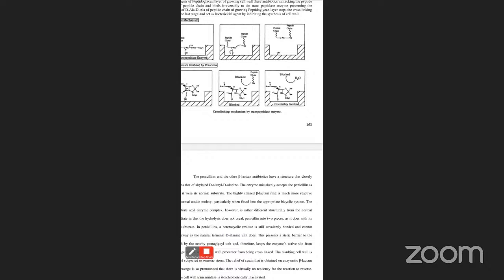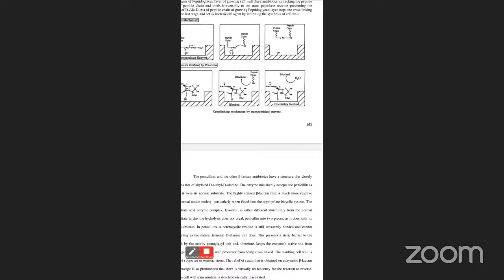In this way, we stop the bacterial growth by inhibiting the transpeptidase enzyme with the penicillin. This is the actual mechanism that takes place during penicillin inhibition.